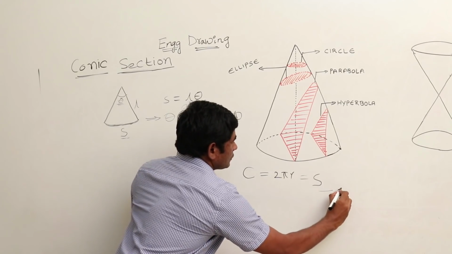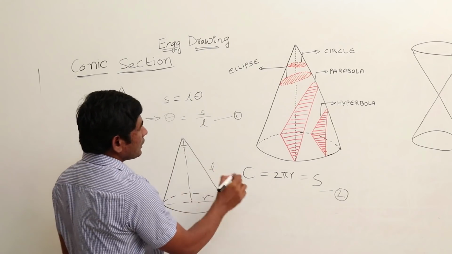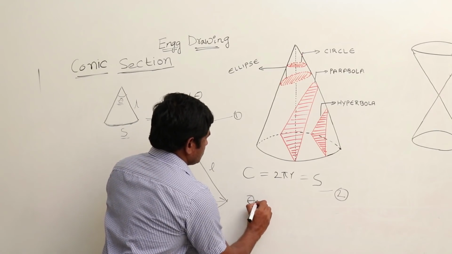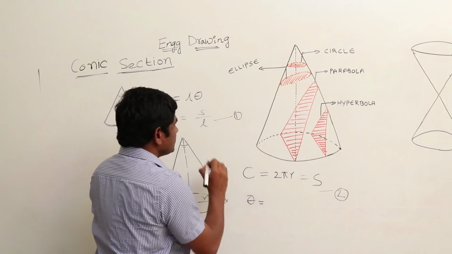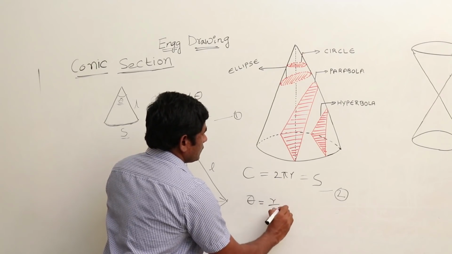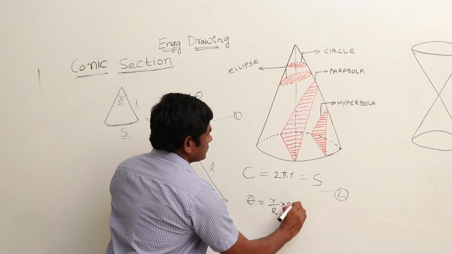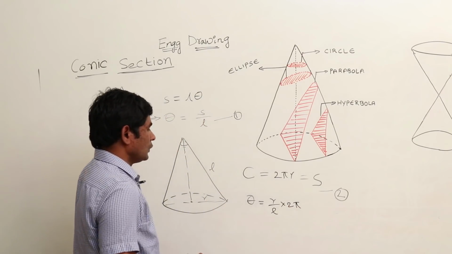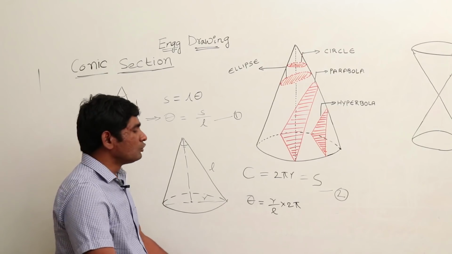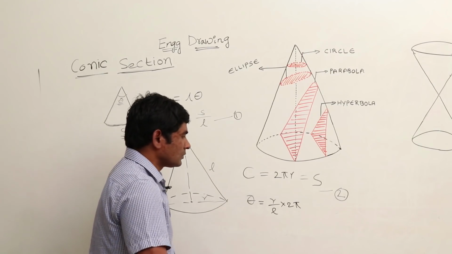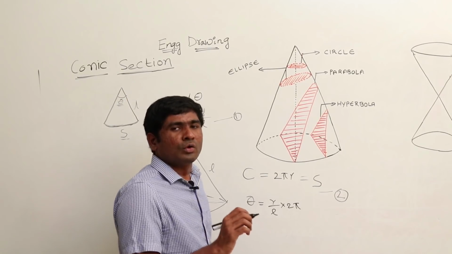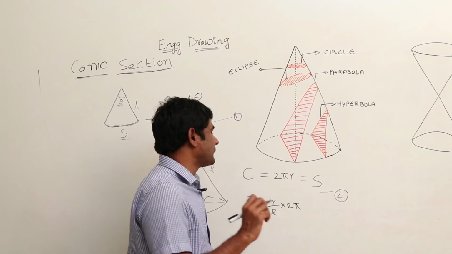and this is equation 2. So from equations 1 and 2, I can write theta equals, if I substitute S into this equation, r by L into 2 pi. Here this theta is in radians. So I would like to convert this theta into degrees. How to convert theta into degrees? By multiplying by 180 by pi.